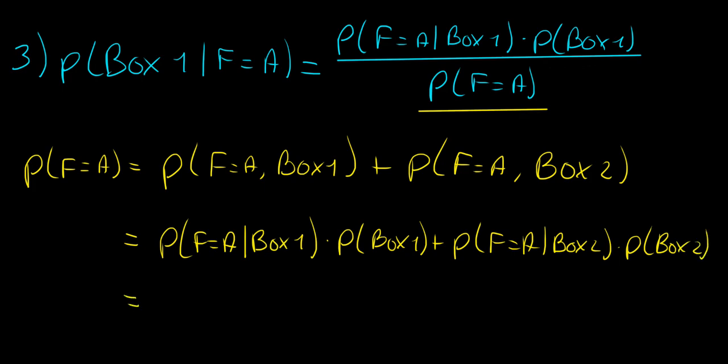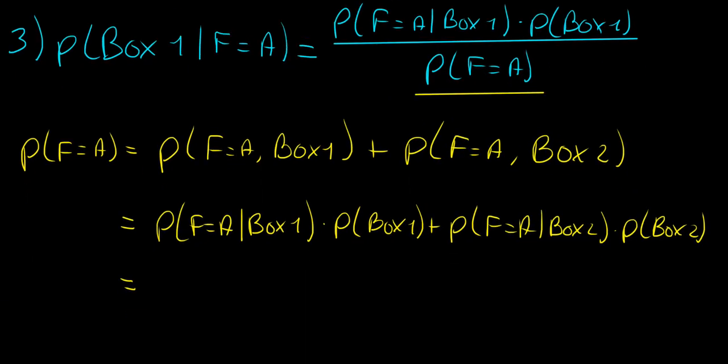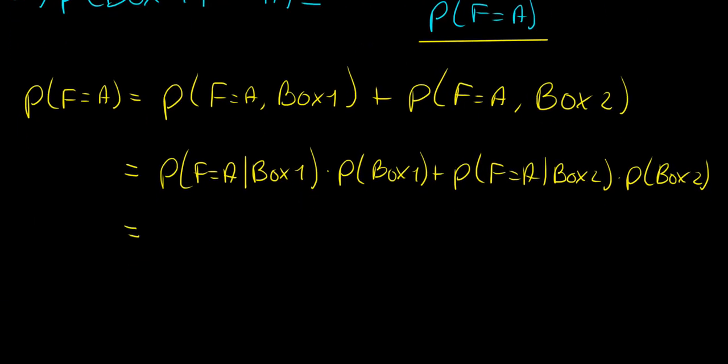And this we can actually fill in because the probability that we have an apple in the first box was calculated also in the first exercise, so we can use that as well, is 1/3. So we have 1/3 multiplied with the probability of box 1, and those are randomly chosen, so that's a half.